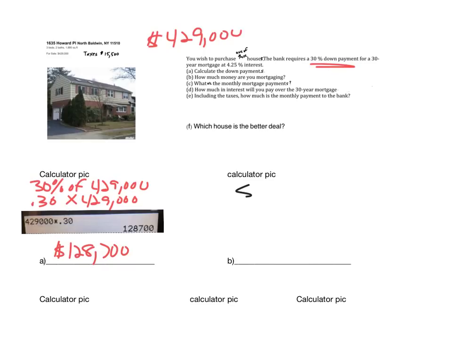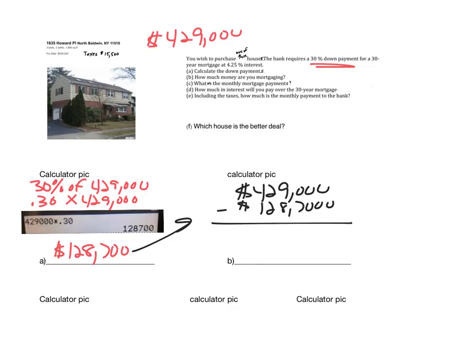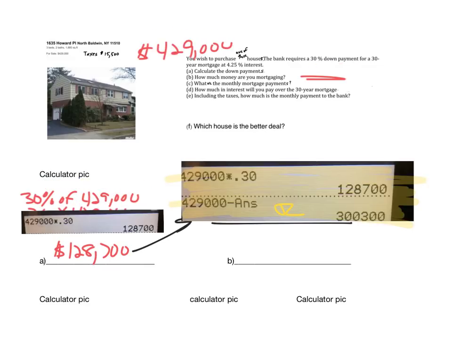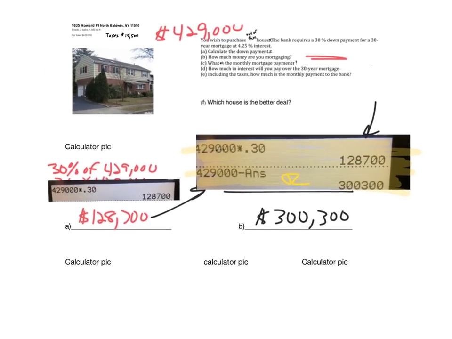Well, the house was $429,000. We're giving a $128,700 down payment. So how much money we're mortgaging, how much money we're borrowing, is going to be $300,300. Again, make sure you're including your calculator pictures, your work on this assignment. Notice my calculator is highlighted in yellow, so yours shouldn't be.